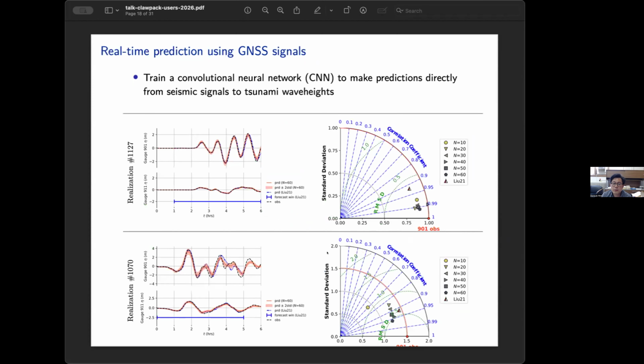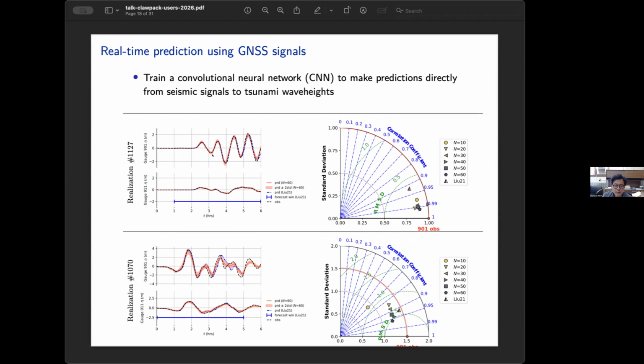And we trained our convolutional neural network to take as input these geodetic measurements, which are available within minutes, and try to do the same prediction at Discovery Bay. And it turns out that just with the geodetic measurements, we could do just about the same. We get the same amount of accuracy as when we use the 60 minutes of tsunami wave measurements itself.